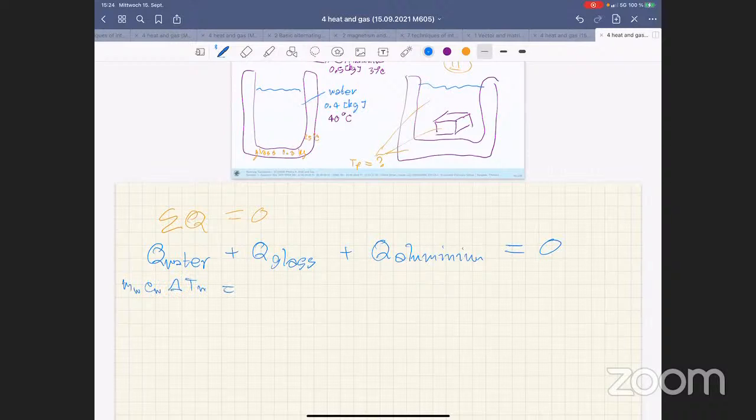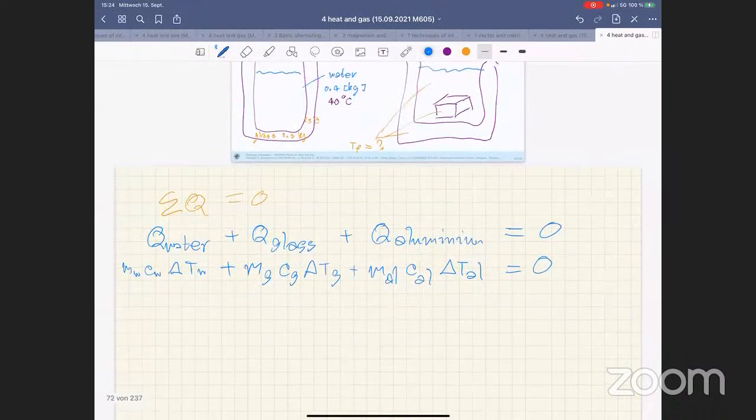And that's equal to the mass of the glass, specific heat for the glass, and delta T for the glass, and plus the mass of the aluminum, specific heat for aluminum, and delta T for aluminum, right? It equals zero, right? And the mass of water, let's start with that. It's 0.4.